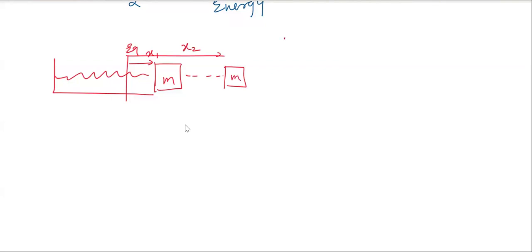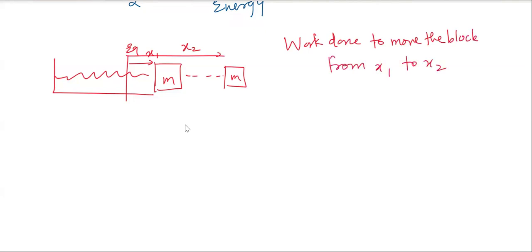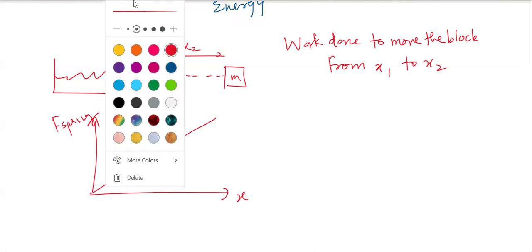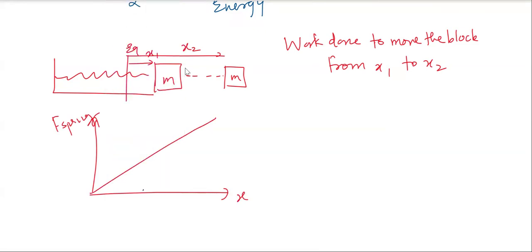How much work is done to move the block from x1 to x2? In that case, again, we will see the graph of spring force and displacement. This graph will be a straight line. On this graph there are two points, x1 and x2, which are related to kx1 and kx2.